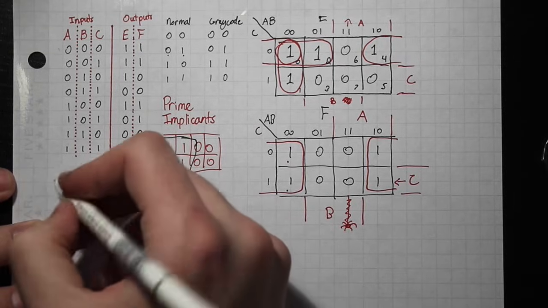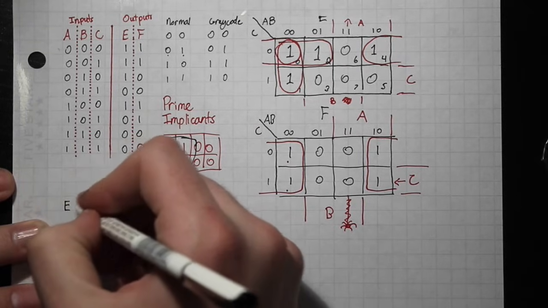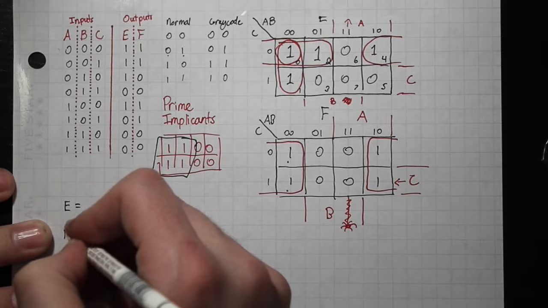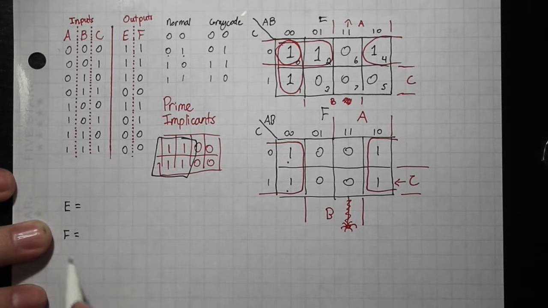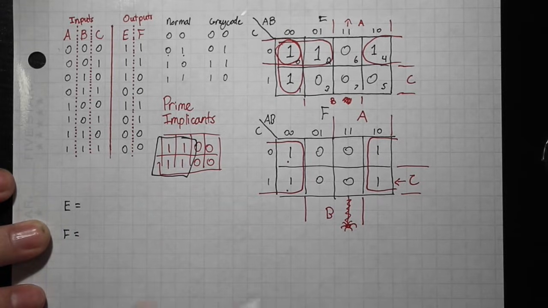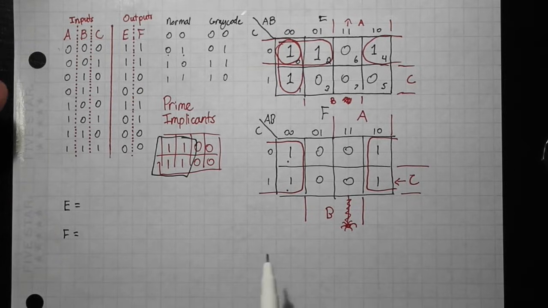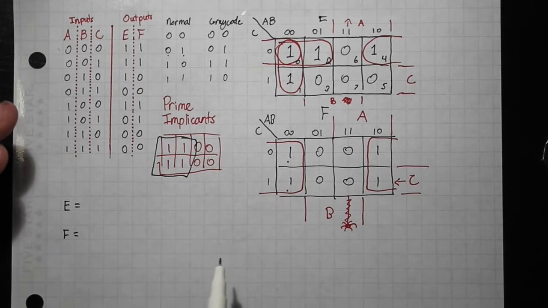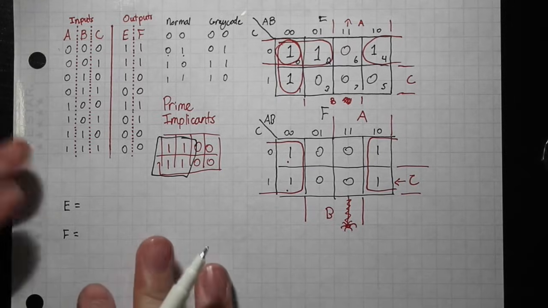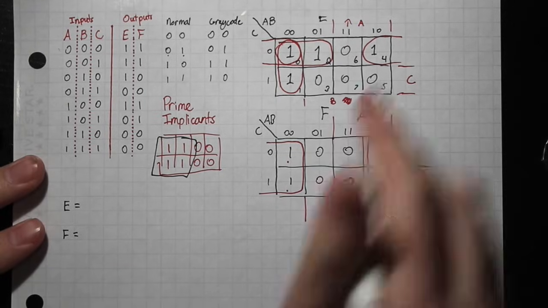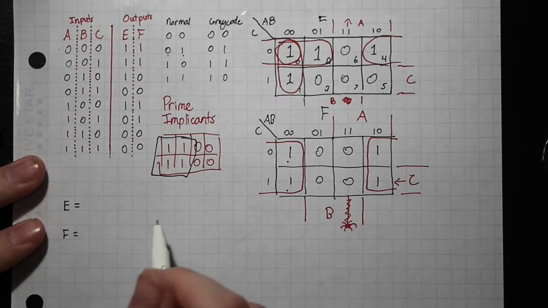So we're going to say E equals, it's not MC squared, and f equals, and we're going to fill these in. This is generally the hardest part to wrap your mind around with Karnaugh maps, but stick through it and we'll be fine. We have to take each implicant at a time.